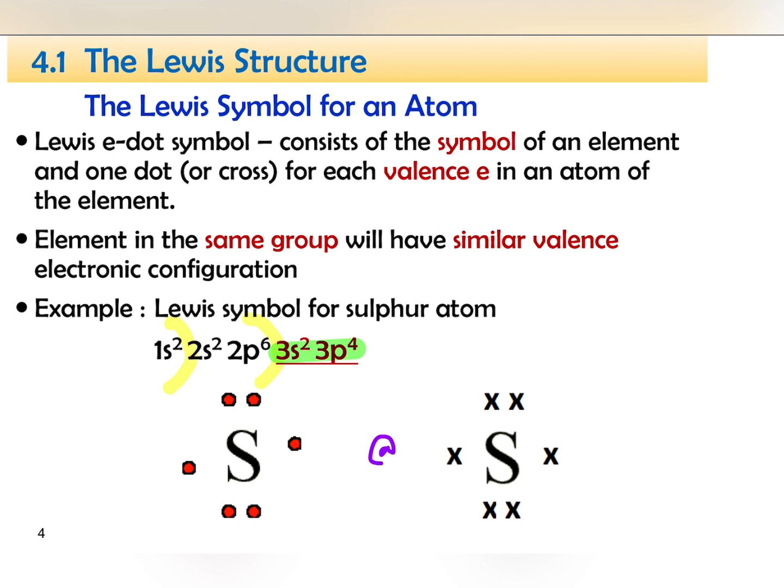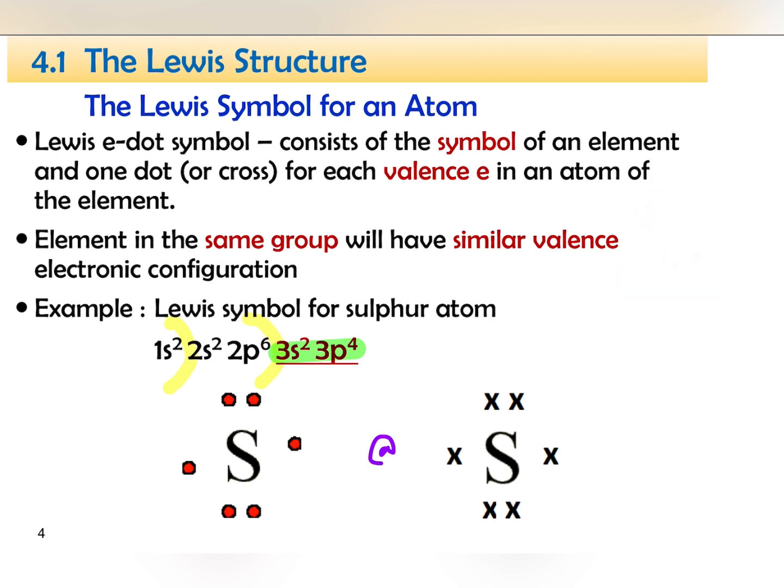So one dot or one cross represents one valence electron in that atom. Okay, so all the elements in the same group, contoh kalau group 1, will have the same valence electrons. Semuanya ada satu valence electron untuk group 1.